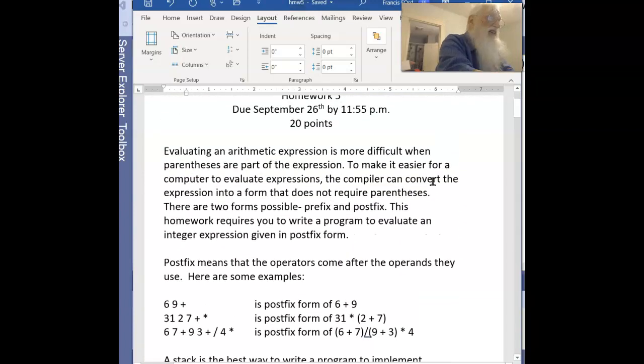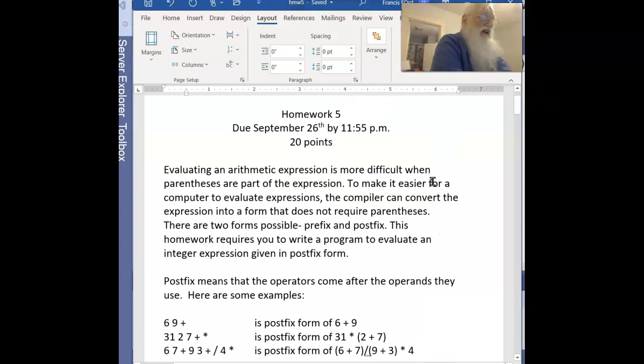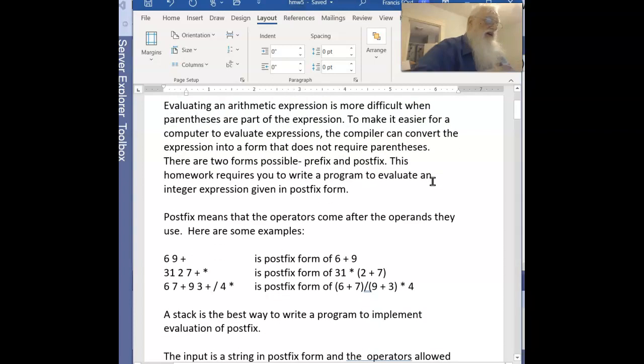But before I do that, I have to explain what we're talking about here. We normally write expressions, numeric expressions, in what is called infix form. That's these items right here, these three. It means that the operator, the binary operator, is between the two operands it works on.